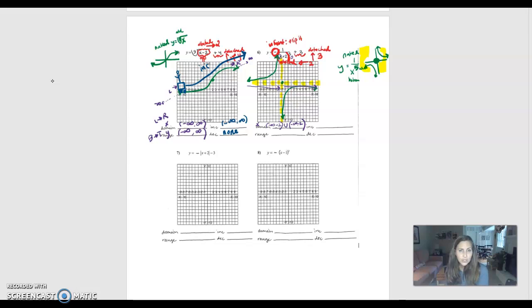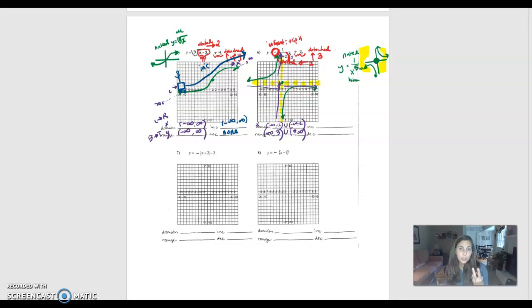So the range, you're going to come up all the way until you hit almost 3. So the range is going to come from -infinity up to 3. You put a parenthesis because it never actually reaches 3. And then you unite that with 3 and up. So 3 and up would be the second part of your range.